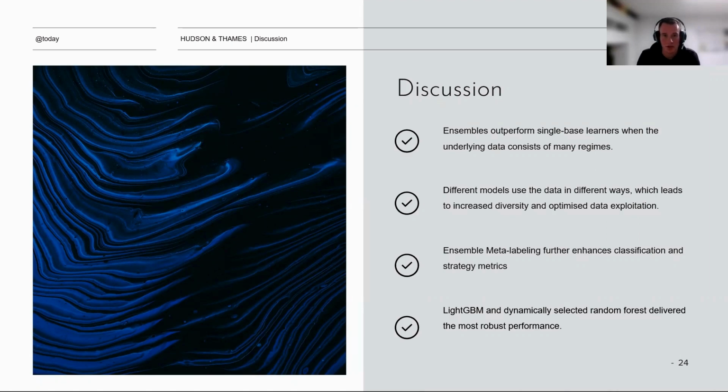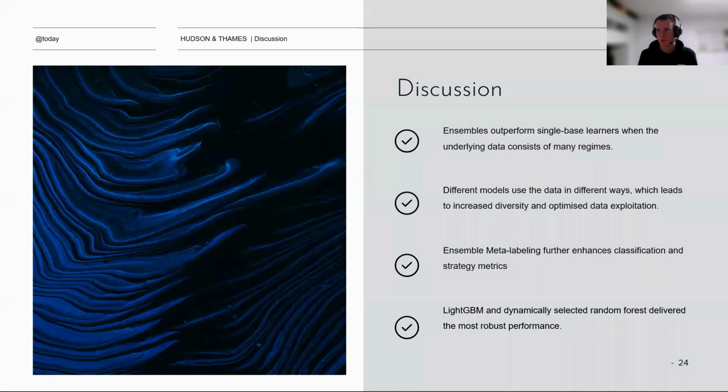So in general, we can conclude that the results show that ensembles outperform single base learners, especially when the underlying data consists of many regimes. Thus, we can support our hypothesis that ensembles should be selected as a model for meta-labeling.